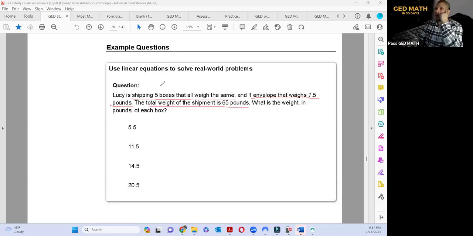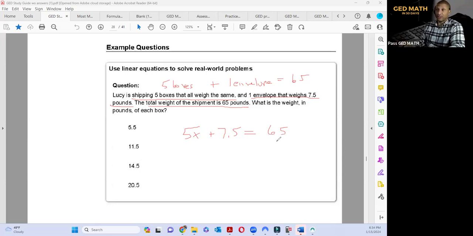So the weight of these 5 boxes plus the weight of the one envelope equal 65 pounds. That's all this question is saying. Well, I don't know how much each of the boxes weigh. So that means it's an unknown. It gets a variable. So 5x plus 7.5 equal 65.